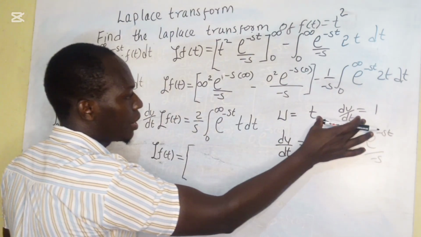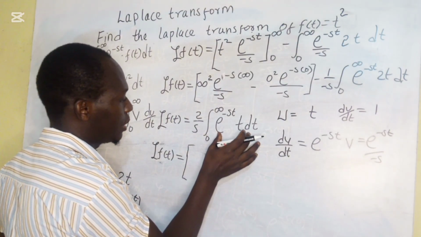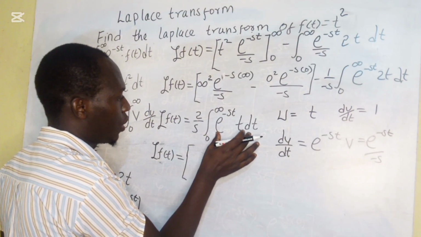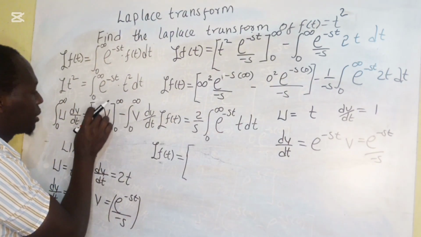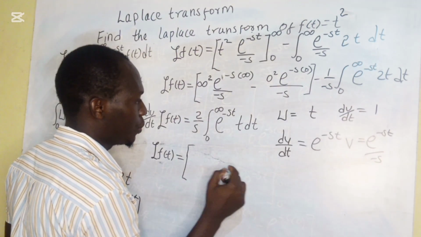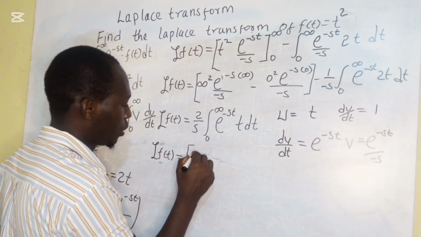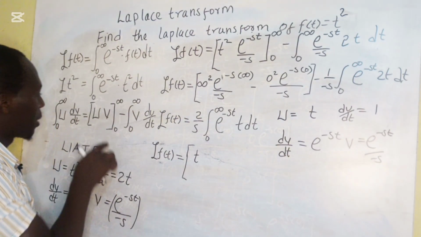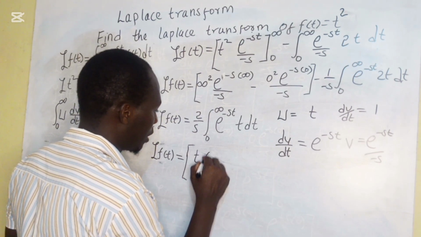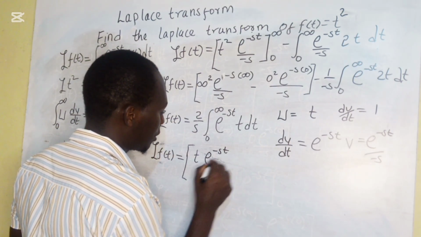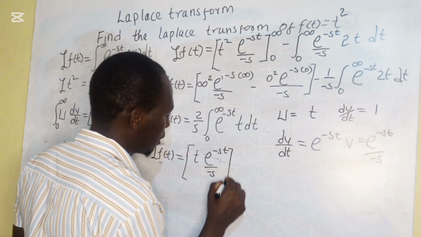Our u now here, because we are simplifying whatever we are having here, our term of u, we agree u is equal to t. Our v is now going to be equal to exponential negative st all over negative s.